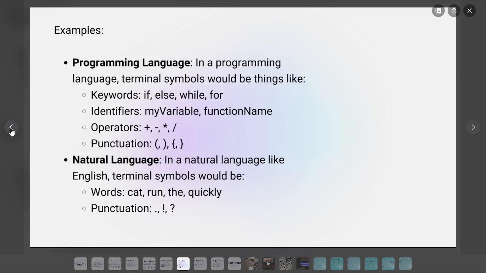For example, in a programming language, terminal symbols would be things like keywords: if, else, while, or for; identifiers like my variable, function name; operators; punctuation. In a natural language like English, terminal symbols would be words like cat, run, the, quickly, punctuation, and the symbols.